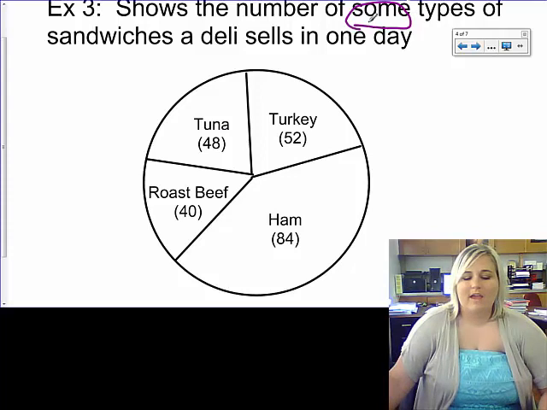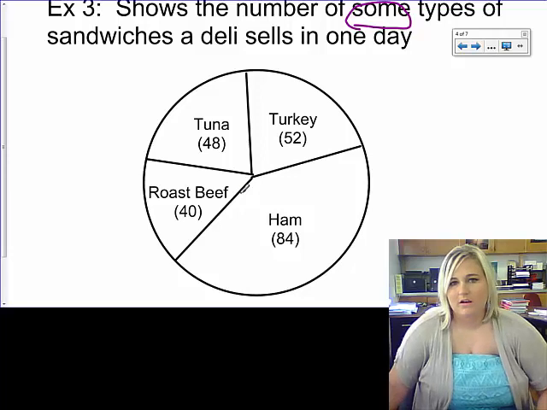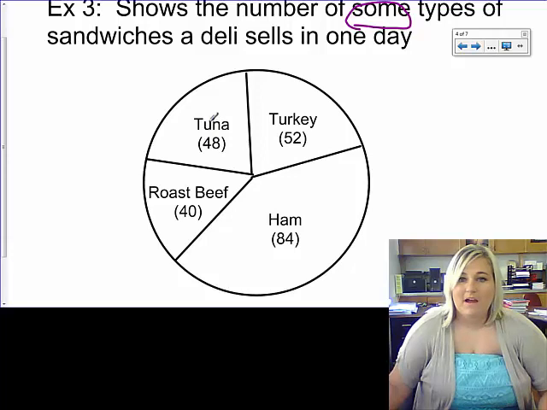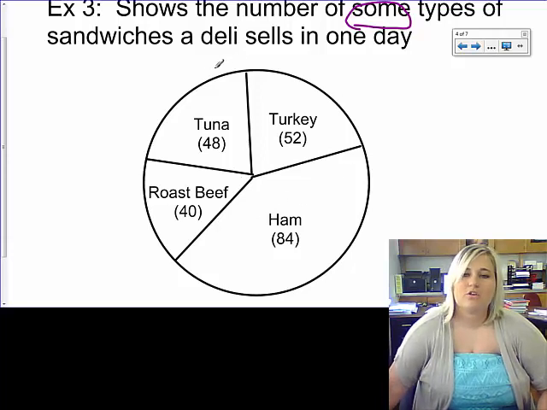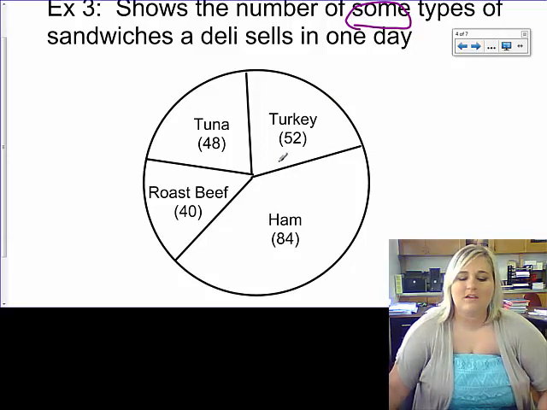What if they had a BLT, let's say, and they sold 100 of those? They didn't show it here. They only showed ham, roast beef, tuna, and turkey. But a BLT would have sold more than this, or if it was chicken or something like that. They didn't show every type of sandwich. And whenever we're talking about this circle graph, a pie chart, we are talking about the whole. This is not talking about the whole.